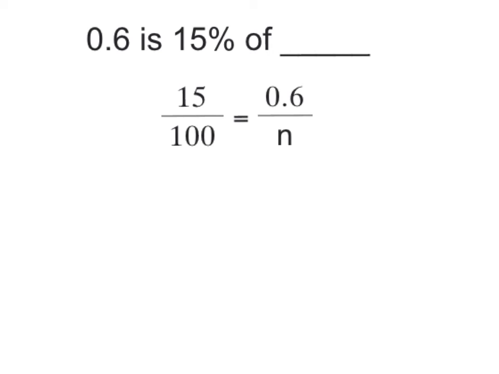In this question, we want to figure out 6/10 is 15% out of a total of what number? So the 15% and the 6/10 are in the same spot in our fraction. To isolate the variable n, it's easiest if it's in the numerator. So first we're going to take the reciprocal of each fraction and write that to solve our question.